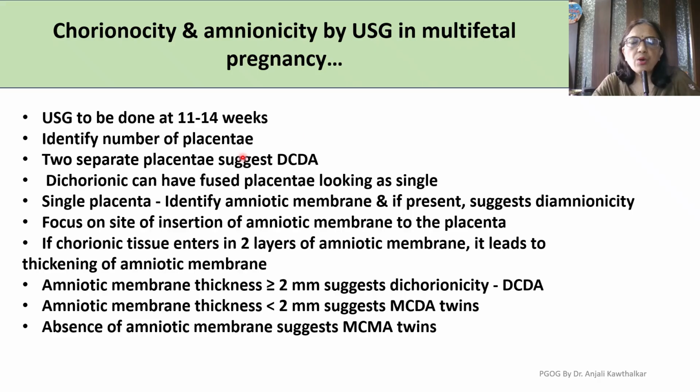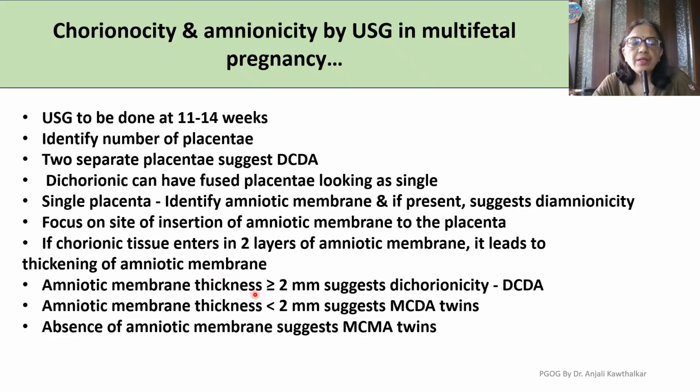First step is to see how many placentae we can see. If there is a single placenta, we have to see whether we can visualize the amniotic membrane between the two babies. If the amniotic membrane is present, next we focus on the site of insertion of this membrane to the placenta. Here, if chorionic tissue is entering between the two layers of amniotic membrane, it leads to thickening of the intervening membrane.